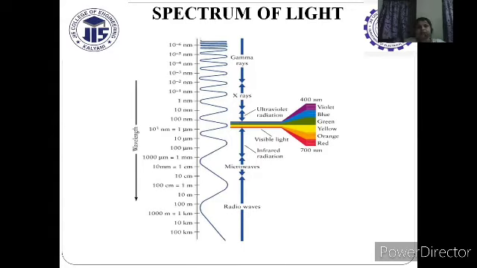Next, we can see ultraviolet radiation. Ultraviolet radiation has a shorter wavelength than the visible spectrum, and other shorter wavelengths than the visible spectrum are X-rays, gamma rays and cosmic rays. Similarly, infrared, microwaves and radio waves are longer wavelengths than the visible spectrum.